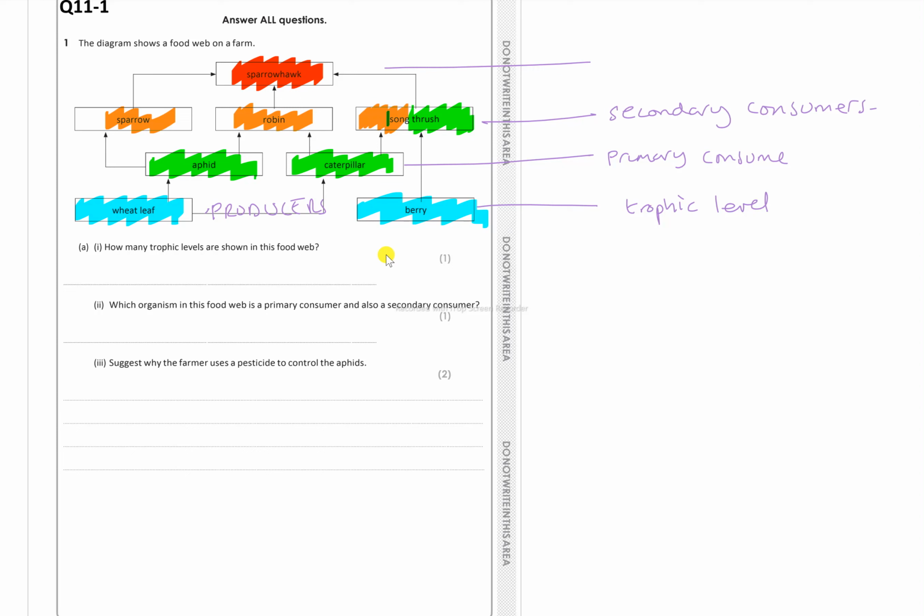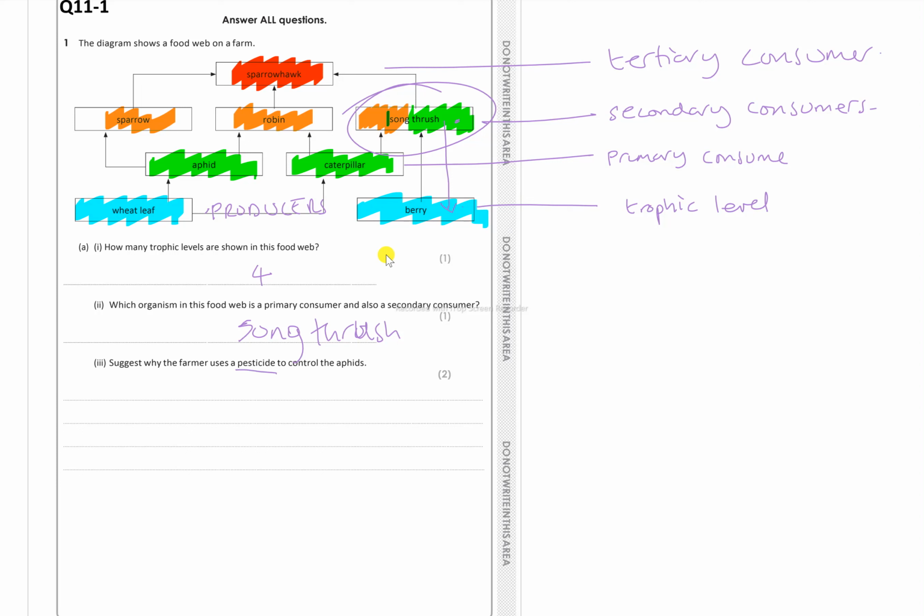But remember this one is also primary because it directly eats the berries. And that is a tertiary consumer. There you go. How many trophic levels? 1, 2, 3, 4. Which organism is a primary? We said the song thrush is both a primary and a secondary. It's this one here.